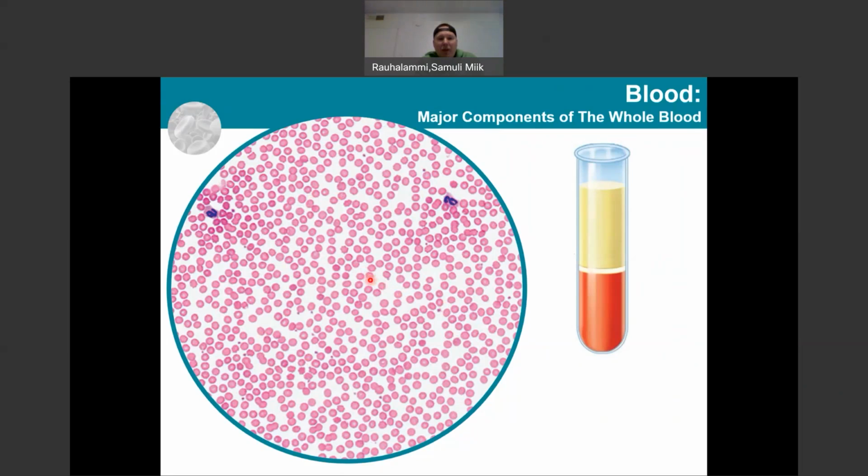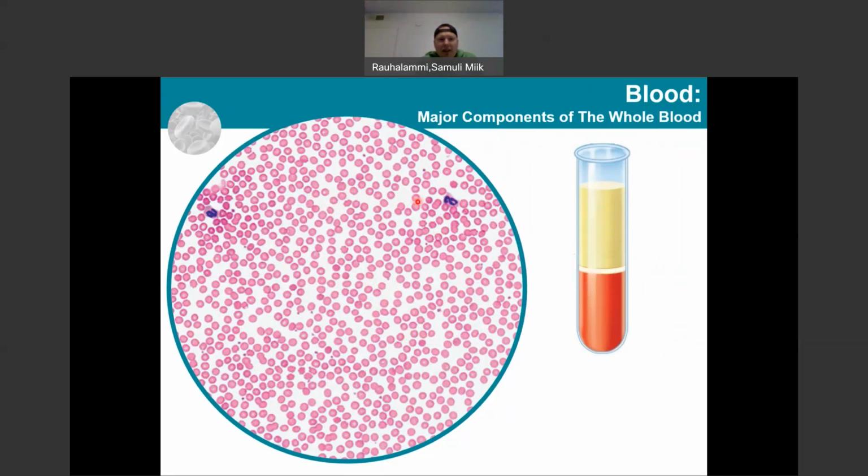The space between all the cells that looks pale, that would be the plasma. We just can't see it super well, but that's where everything else is suspended.